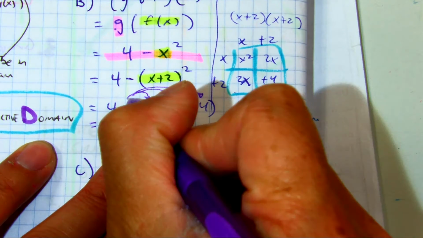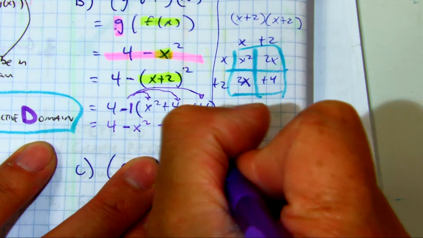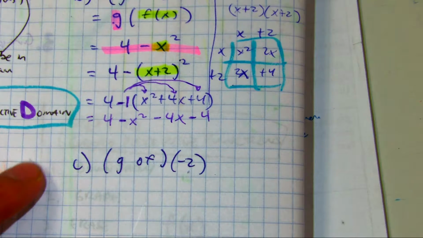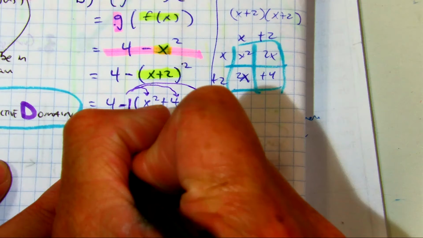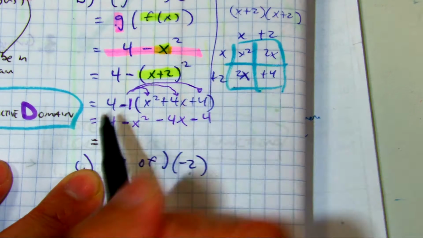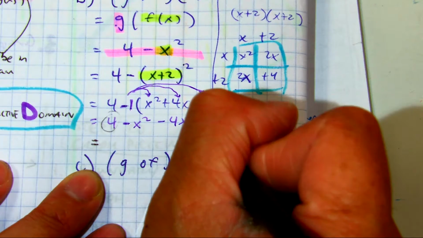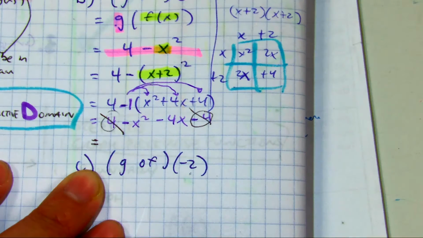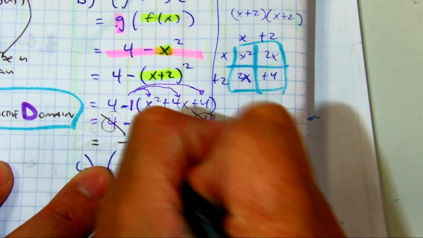And -1 times 4? -4. And then we just combine like terms. Which ones are like terms? 4 and a -4, which equals 0. And then I'm just left with negative x squared minus 4x.